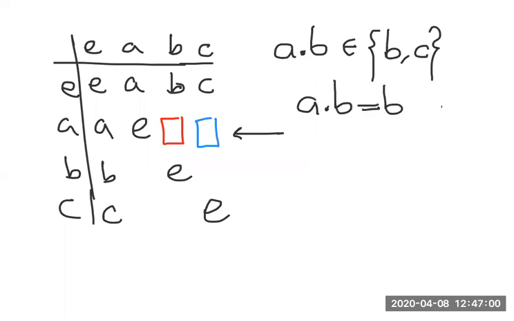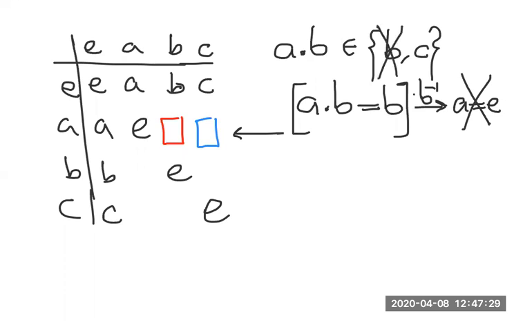If that were the case, we could multiply both sides from the right by B inverse. On the left side, I would get A, B, B inverse, which is A, and on the right side, B, B inverse, which is E. Therefore, A would be identity, but that's not correct. We're assuming A is another element. So AB is not B. The only thing which remains is C.